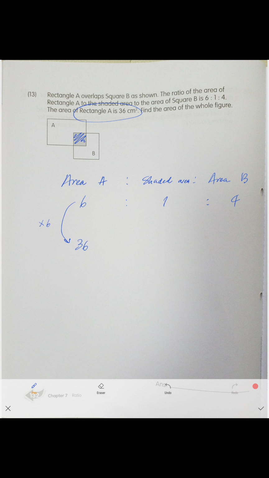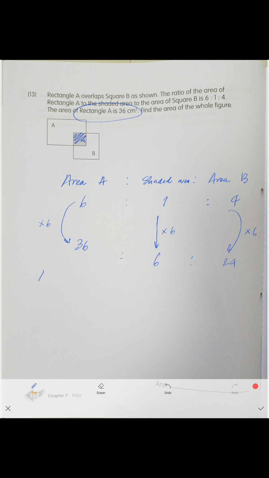We need to multiply it by 6. So this is what we do, right? We just multiply everything by 6. Okay, so 1 times 6 is 6, and 4 times 6 is 24. Okay, now this is your ratio. 36 to 6 to 24.